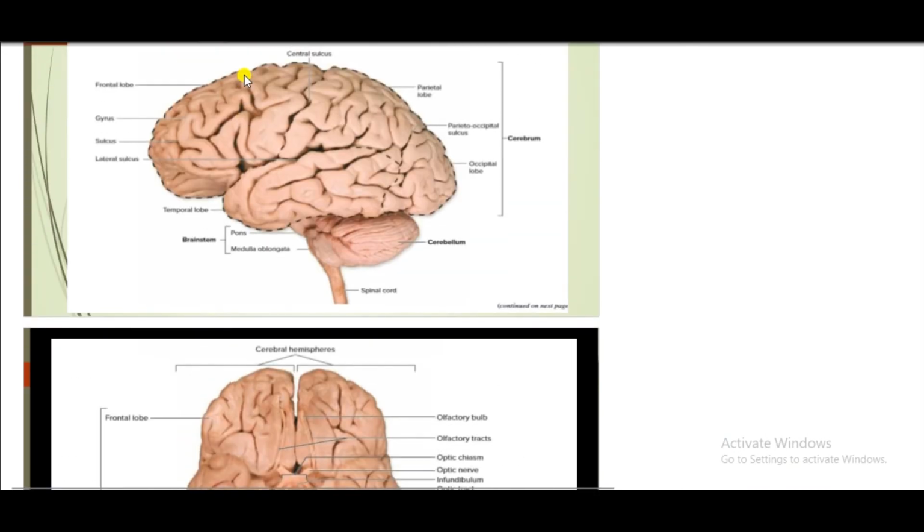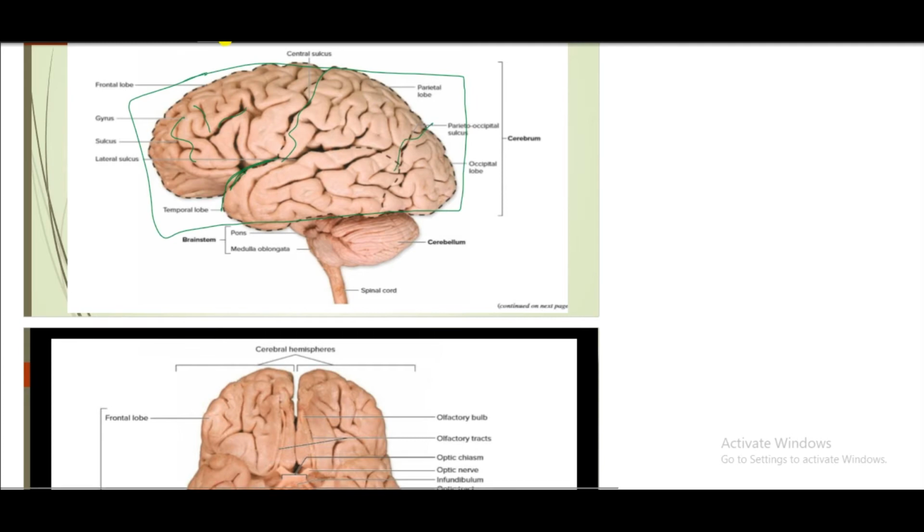Finally, I want to show you just an anatomy of the brain. You can see the cerebral hemispheres, the cerebrum. And in the developed cerebrum you can see gyrus, sulcus. You can see this sulcus, and parieto-occipital sulcus.